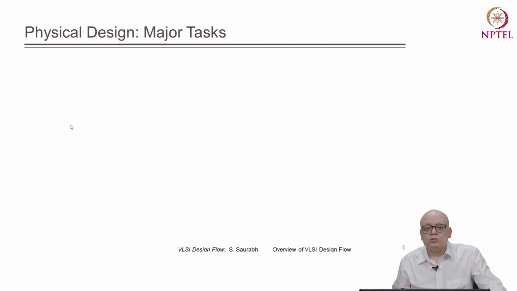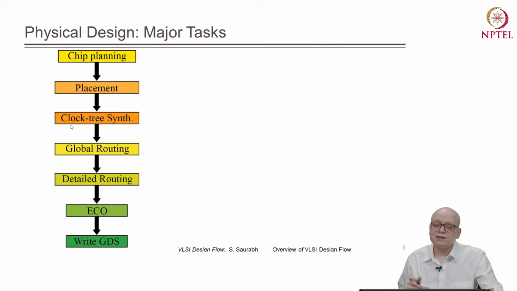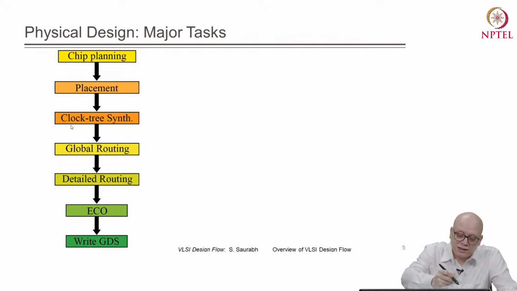So, now let us look into the major tasks that are performed by physical design tools. These tasks are shown in this figure. The first step is chip planning, the next step is placement, then clock tree synthesis, global routing, detailed routing, and then ECO, which is engineering change order, and finally we write the GDS.